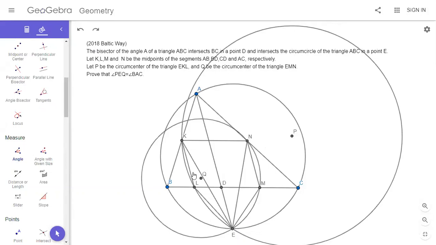So we know KL is equal to MN. Let's see. So yeah, this is a tricky one.